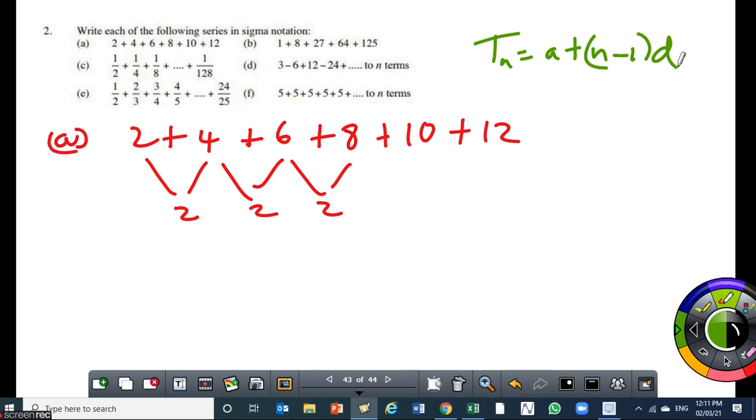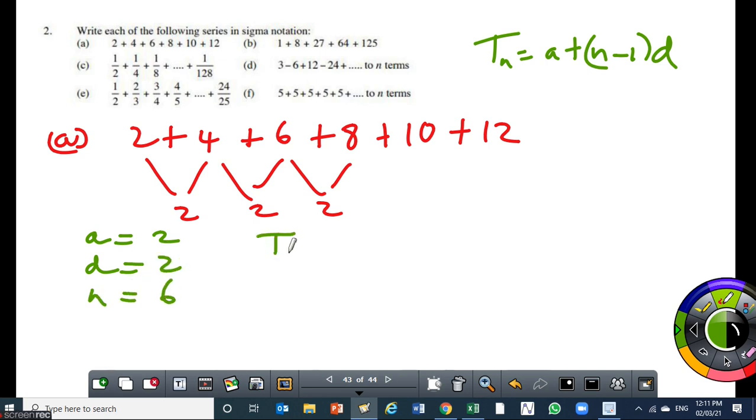You need to find the general term. Remember, these terms here form a sequence. So we will need to determine the general term of that sequence. Our first term is 2, d is 2, and n is 6.